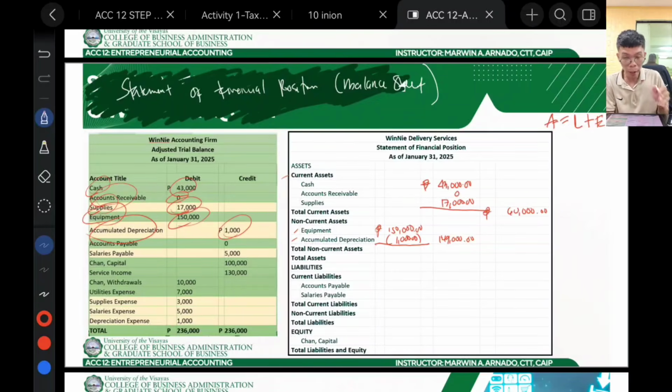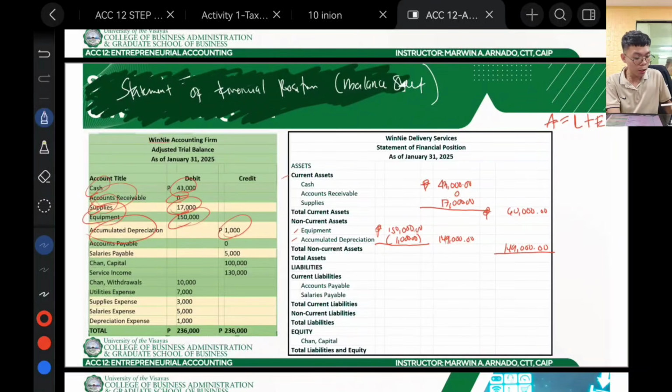Again, we subtract it, opening and closing parentheses to represent deduction. So 150 minus 1,000 would be 149. The 149,000, class, is the book value of your equipment after deducting its depreciation. Therefore, our non-current asset is 149,000.